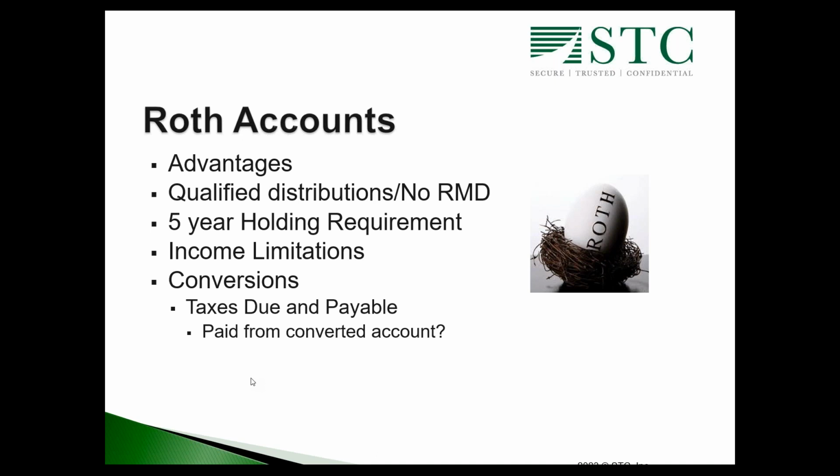So you do want to talk with your tax preparer about how you're going to pay those taxes, and make sure that you are. If you're not 59 and a half, it could be an early distribution, and you could incur a penalty on it. So just keep that in mind. Again, if you have multiple accounts, you can convert part of them, all of them, one of them. So you can do partial account conversions.